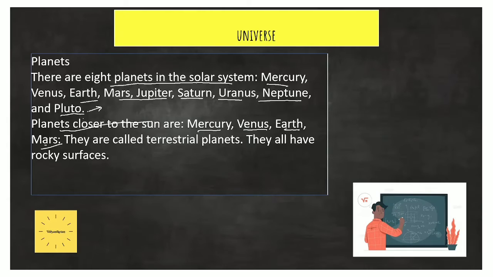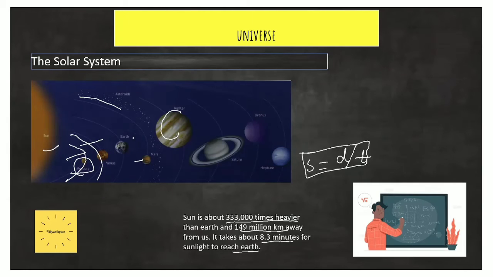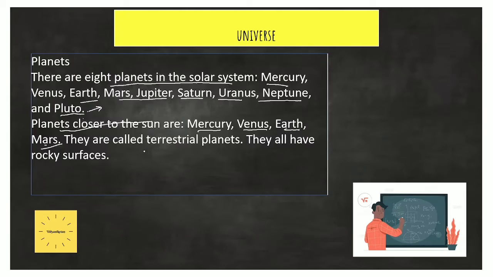As we have seen from the previous slide, these are the planets which are closer to the sun, and they are also comparatively smaller in size than the other 4 planets. These planets are called the terrestrial planets. What do we mean by terrestrial planets? Terrestrial planets mean Earth-like. That means they are like Earth.